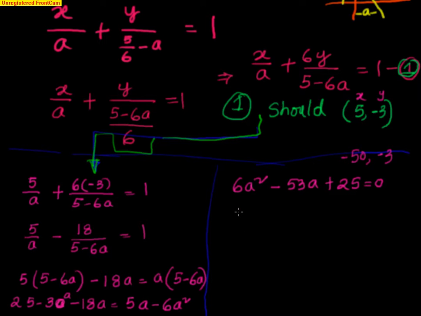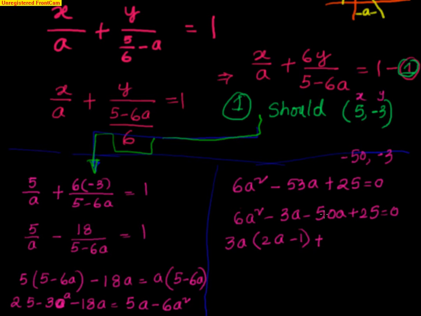So straightforward, I'll go ahead and say this is nothing but equal to 6a square minus 3a minus 50a plus 25 equal to 0. Now, I will try to simplify this by taking 3a common here. This becomes 2a minus 1 minus of, or let me see, I have to get 2a out, right?